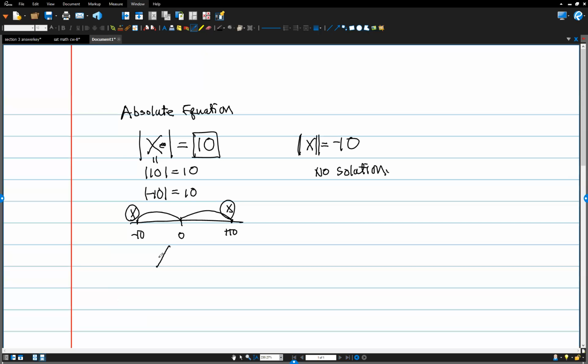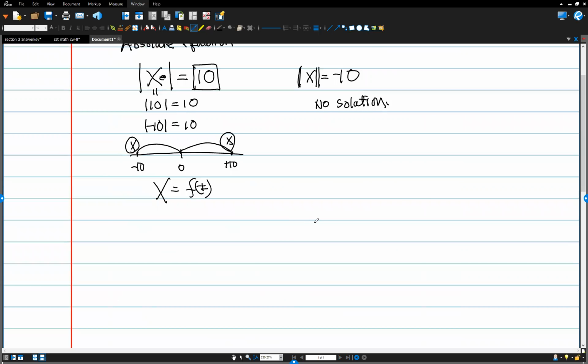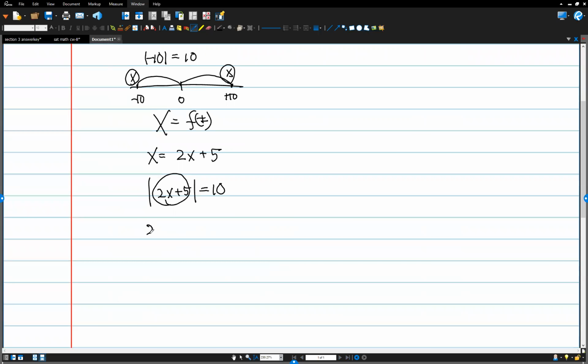But this capital X can be anything, any function. I'm going to write capital X using this one, 2x plus 5. You can use this one too. Now put this into capital X: 2x plus 5 equals 10. How do we solve this one? This is the same thing. This is capital X, 10 plus or minus 10. Inside, the number is always 10 or negative 10.